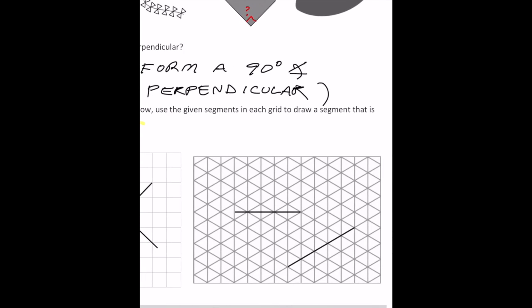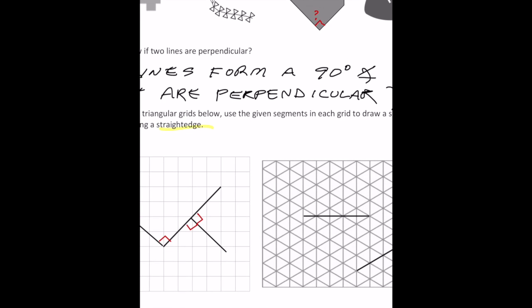How about this one on this triangular grid below? Are there ways to show by drawing a line segment perpendicularity? Oh, absolutely. Using line segments, we can use them as our guide and create perpendicularity there, right? So that's perpendicular.